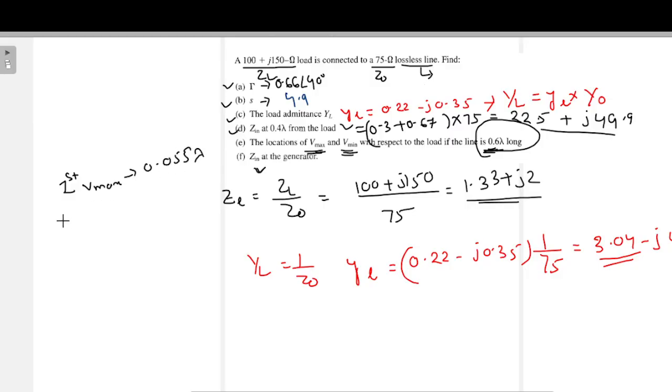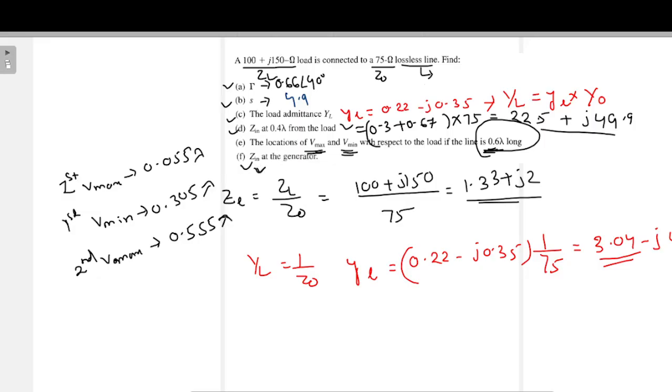Then we got the first V minimum at 0.305 lambda, and then the second Vmax we will get at 0.555 lambda. So these are the distances at which we will get the Vmax and V minimum.